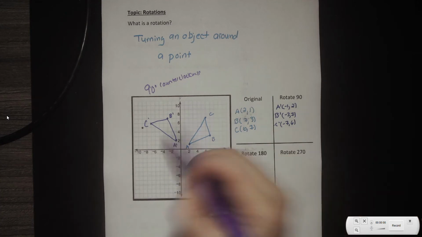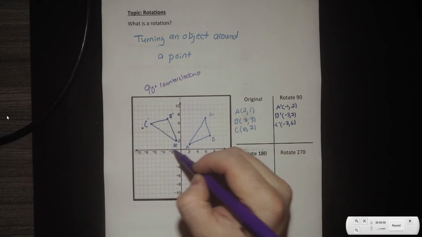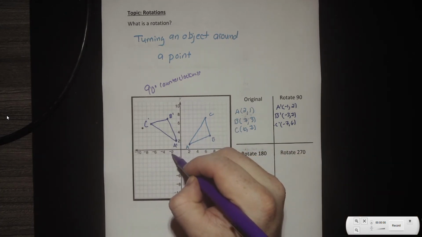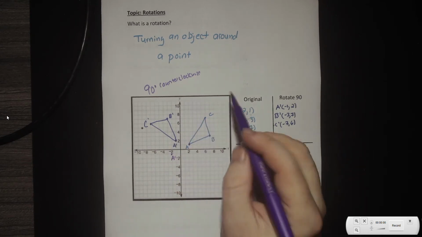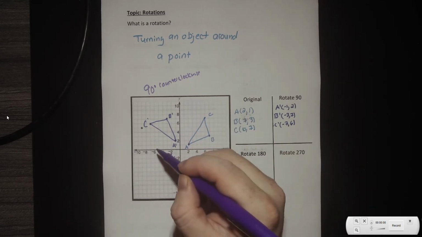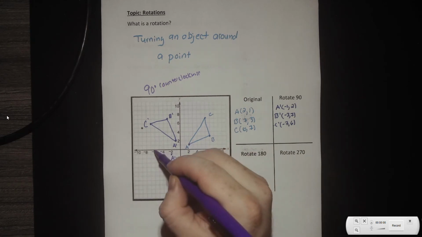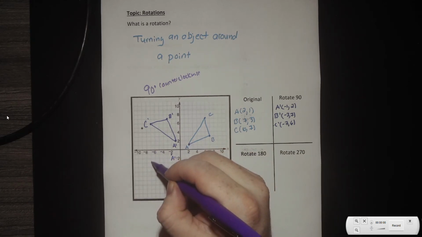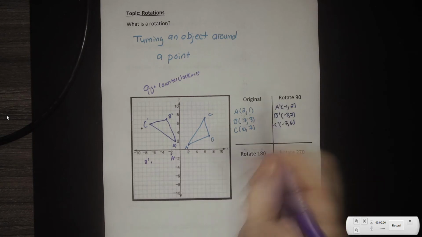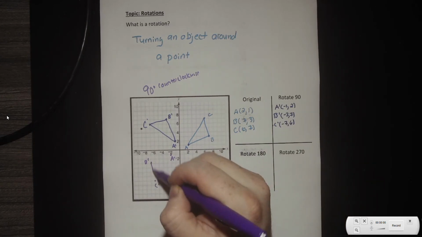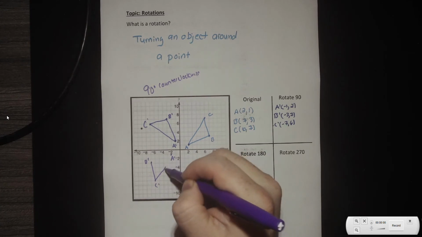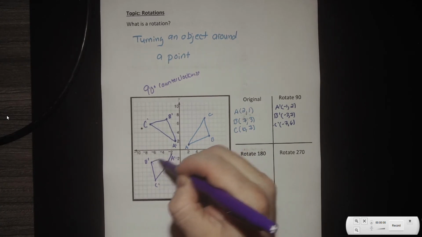And so what I'm going to get out is right here: (-7, -3) and (-6, -7). It's going to look like that.